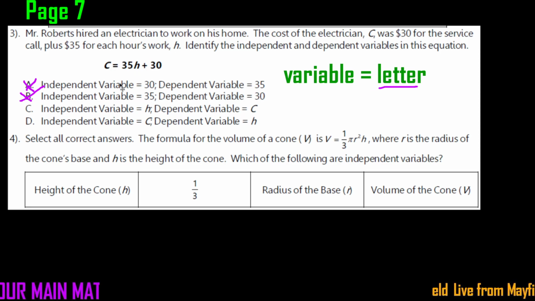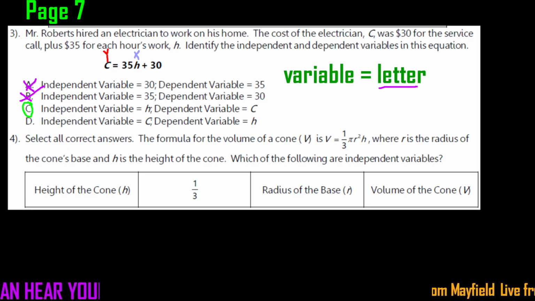So let's see. Again, if you find a benefit to replace this with x and y, just like our normal equations or our normal functions that we've been working with, you can do so. So that means if we have our variable x, that means that h is going to be our independent variable. So we know that our independent variable is going to be h, and the dependent variable is going to be c. So we know that it is that third choice.